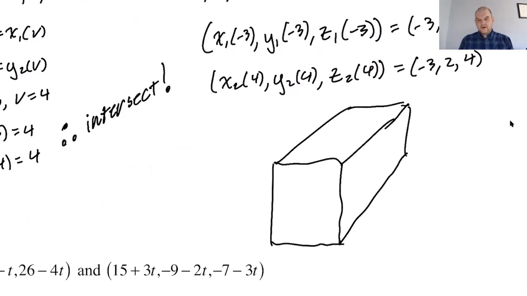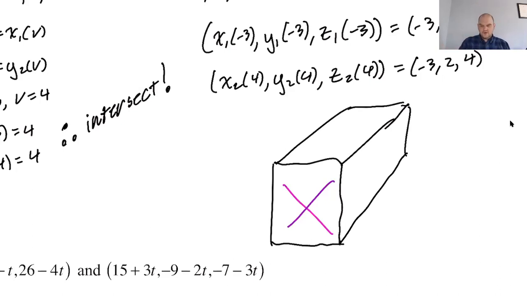So what's happening here is both of the lines happen to be on this face, right? So they're somewhere in space, but they're on the same face of a rectangular prism, sort of. Or they're really just in the same plane. Intersecting lines are always in the same plane, they just have to be.